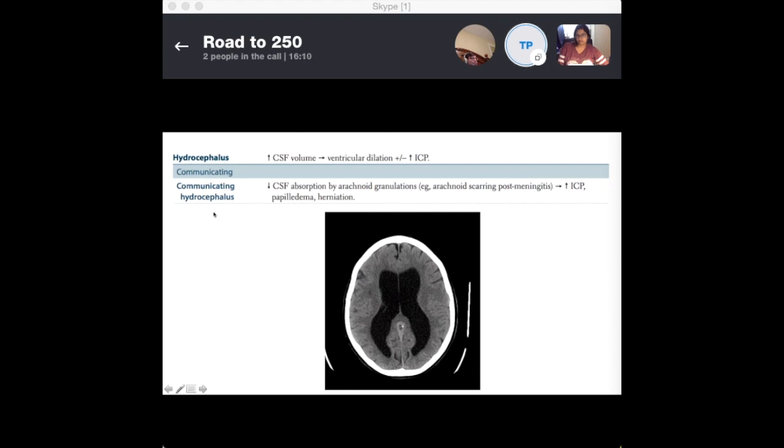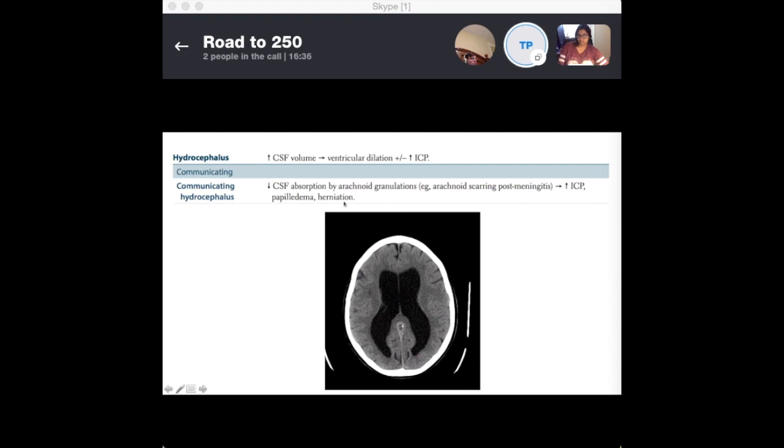In the communicating type, there is essentially impaired resorption at the arachnoid granulations, or there is excess CSF production. It's communicating because there's no obstruction within the ventricular system itself. So everything is communicating between the foramens, for example.